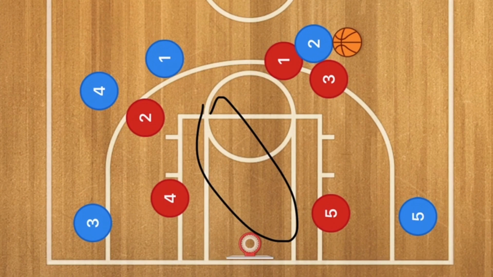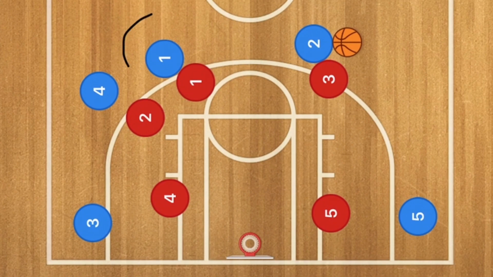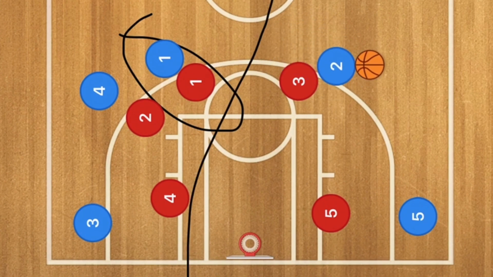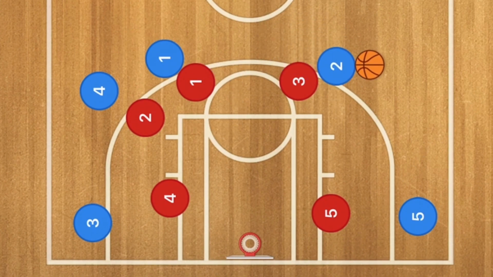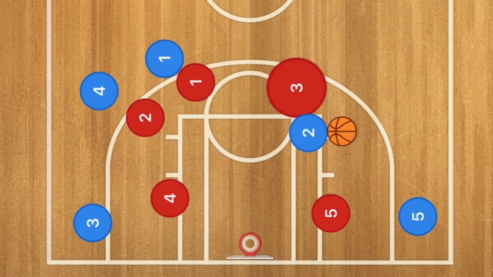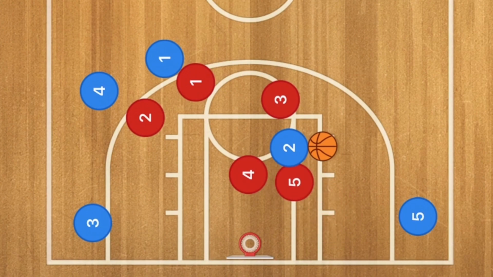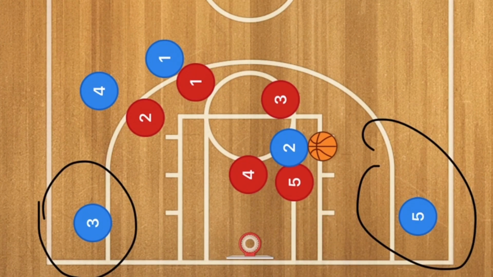Always trying to do some off-ball movement, even though this is an isolation. And then, or we could have player 1 still playing up against player 1 blue, and that will be an isolation right here still, because he still has majority of the court to himself. And if he was to drive by player 3, that will for sure bring in both post players, which will leave both of these wing players open for an open 3-point shot.